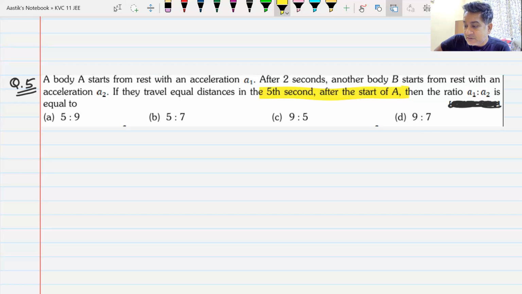Whatever question you are going to do, if you remember more than 60 or 70% of it, no power in this universe can stop you from clearing JEE. Dark matter or not, no one can stop you. Let's see how you can do this one.